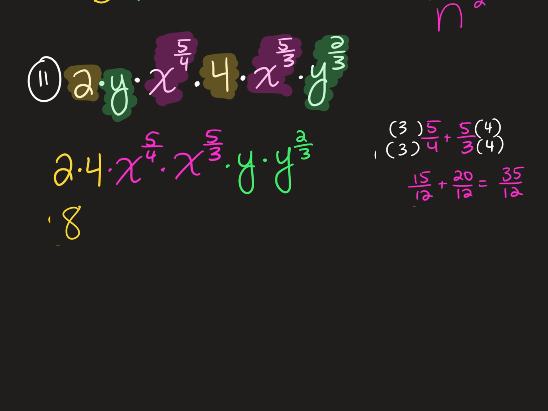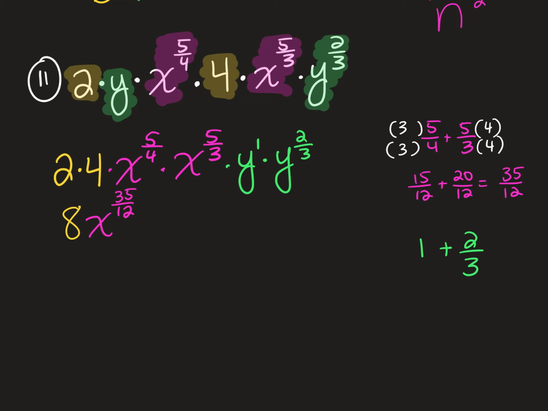So I come back into my expression and I say, okay, well then we have x to the 35/12 power. And then we'll go through the same process to add together the y's. So if there's no exponent written, that's like a y to the first. So if we're going to add those exponents together, I'm adding 1 plus 2/3.